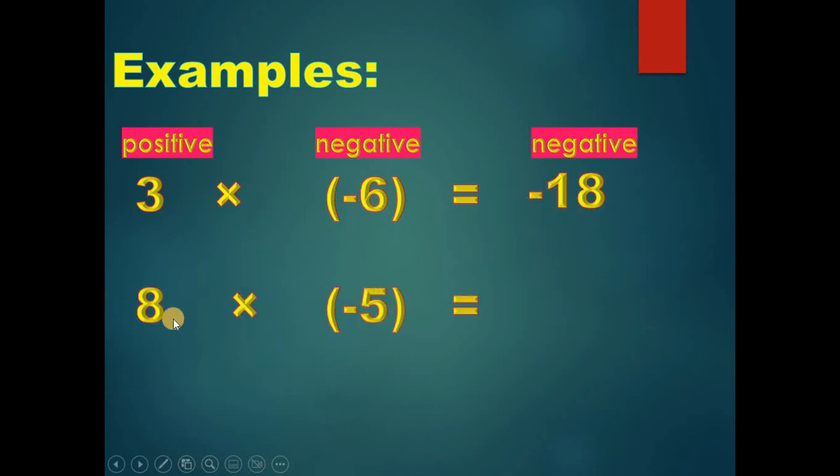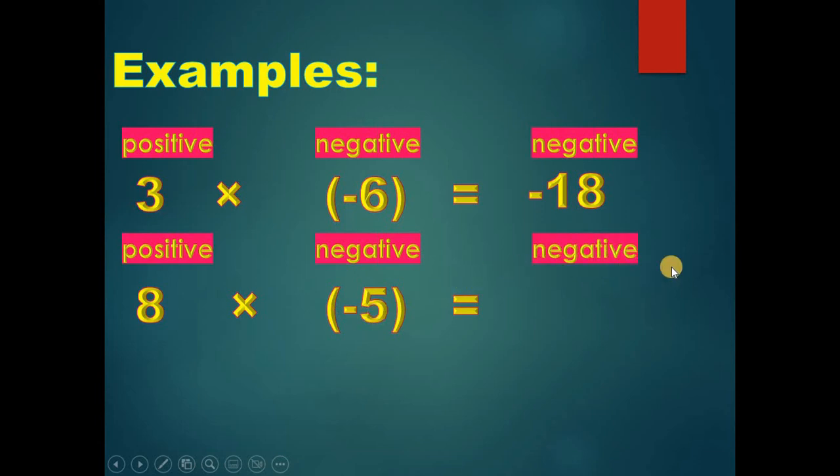Okay. Next, we have here positive 8 multiplied by negative 5. Okay, negative. So, the outcome is negative. So, therefore, 8 times negative 5 is negative 40. 8 times 5 is 40. Then, yung rule natin na negative. Ayan. So, negative 40.